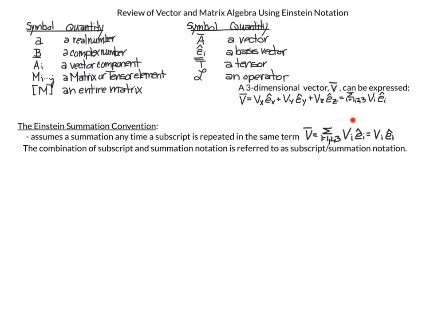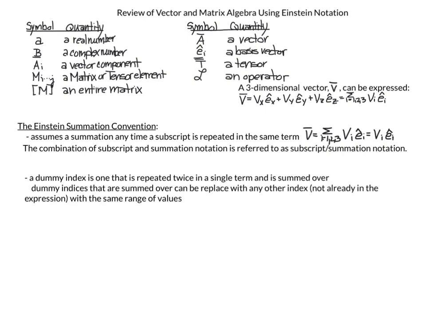So in other words, our summation of i equals 1, 2, 3 of v sub i, e sub i will equal v sub i, e sub i. Because the i is repeated in the same term, we assume that we're summing over the limits of i. The combination of subscript and summation notation is referred to as subscript/summation notation. We'll do a couple more terms and then some examples.